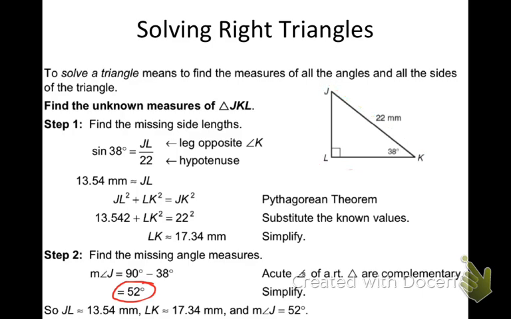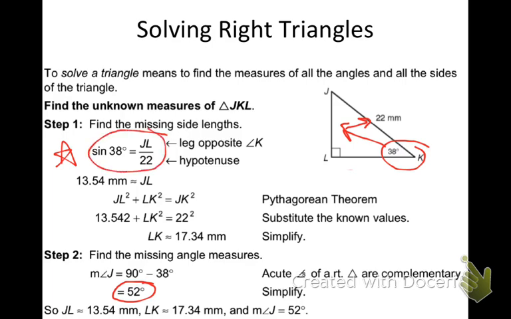Well, let's say a lot of us like to use sine. I don't know why, but sine is typically everybody's favorite one, just because it's first, I think. But with the sine of 38, I can find JL in relation to 22, because I set up my ratio.